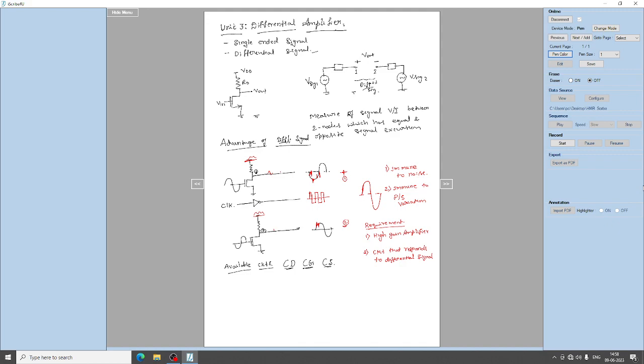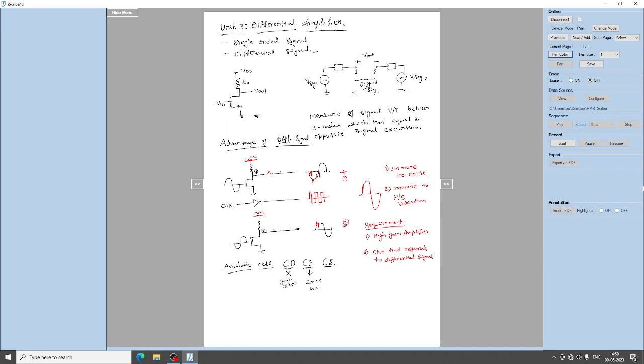Since we need a high gain here, we cannot use the common drain for the design, because the gain of the common drain is very low. In the common gate we have sufficient gain, but when we use the common gate, Zin is low.